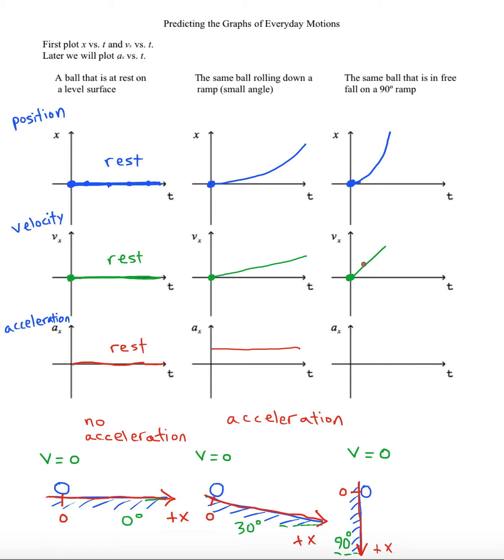Here, our slope is steeper for the velocity graph, so we want a higher value for that acceleration graph. And there will definitely be acceleration in this case. Not just acceleration, but more acceleration than there was in the low-angled ramp.